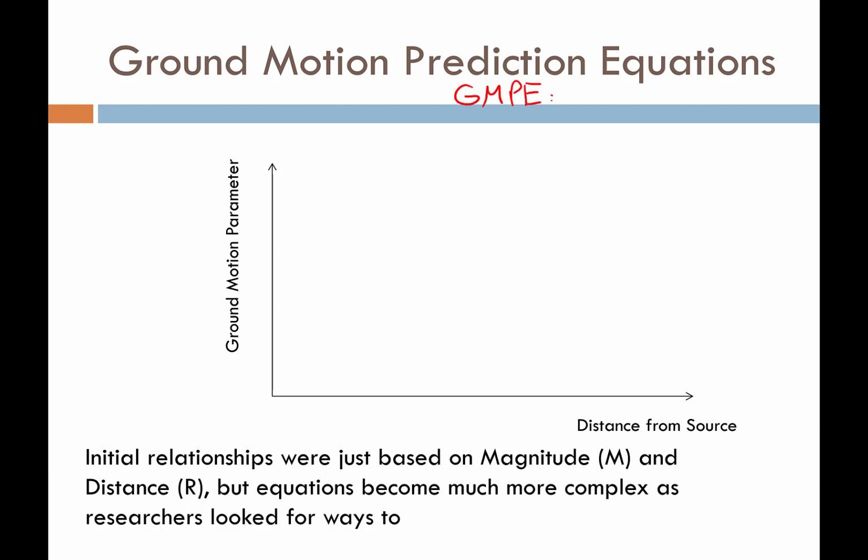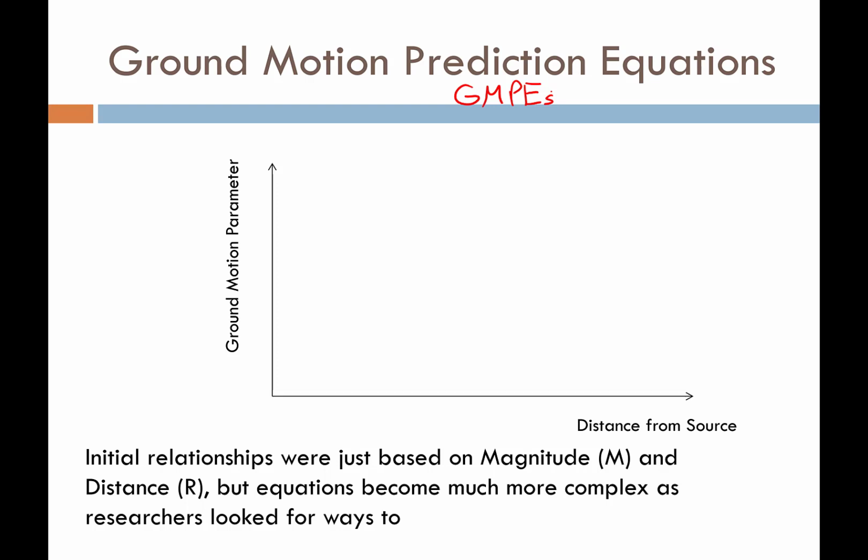These commonly used to be called attenuation relationships, but few professionals refer to them as attenuation relationships anymore because it's such a vague term. No one knows what is attenuating. But when you talk about GMPEs, then everyone knows you're referring to ground motions.